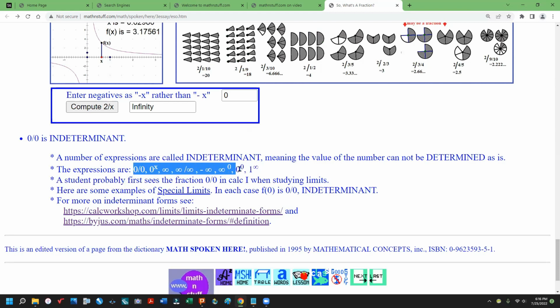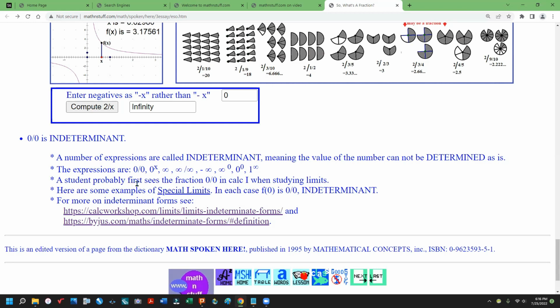Each of these is what is called an indeterminate form: 0 divided by 0, 0 to the x, infinity, infinity divided by infinity, and so on. We're not going to talk about that. All I wished to discuss is 0 divided by 0 itself.